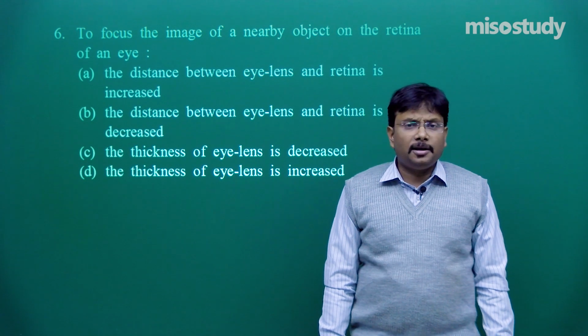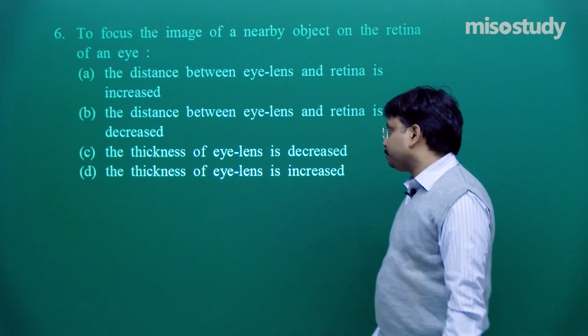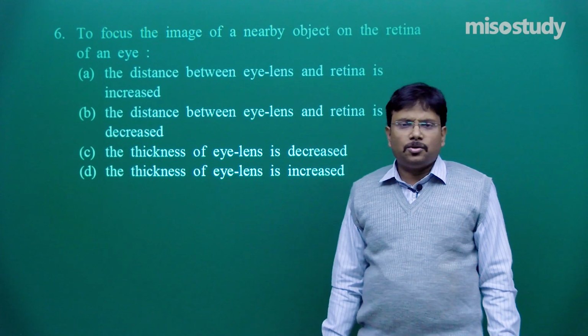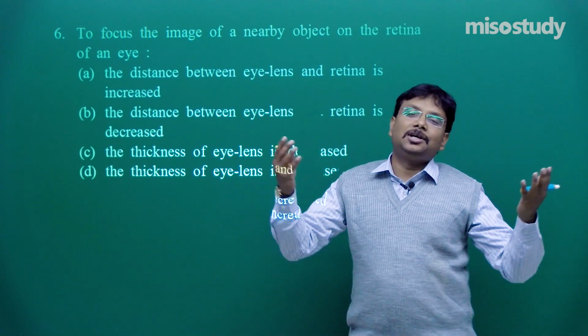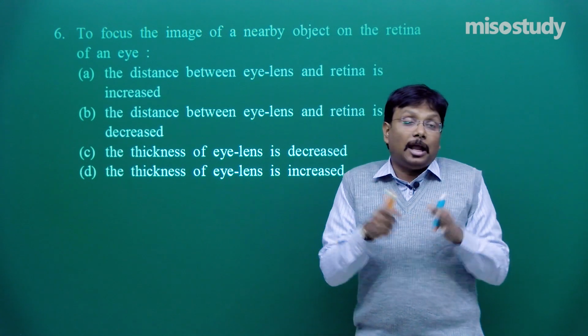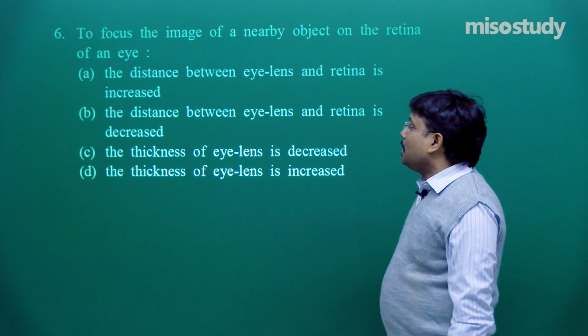Well, the retina to eye lens distance cannot increase. The distance between eye lens and retina is decreased, you cannot do that, because nature gifted a specific distance between retina and lens, and you cannot shift your lens. Not possible.